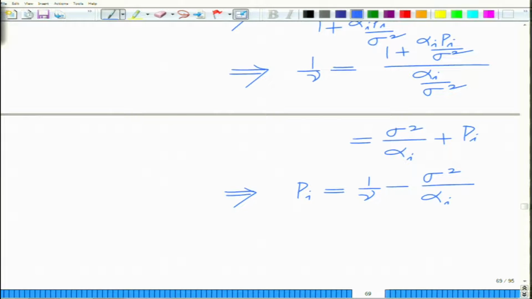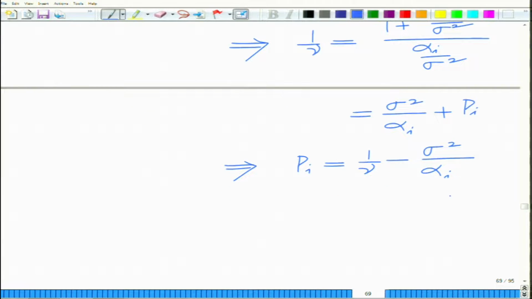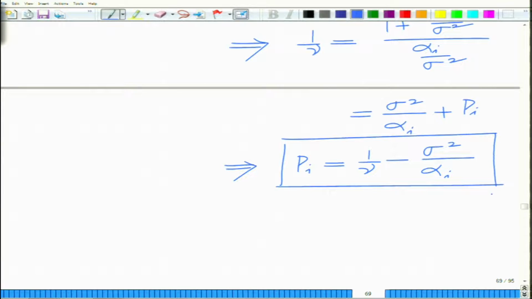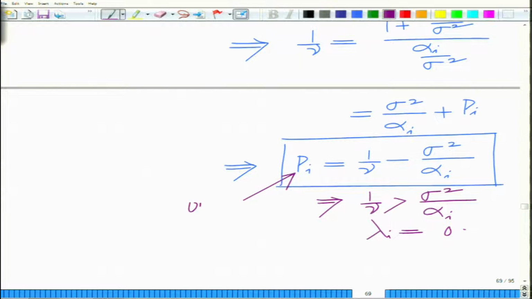This is the optimal power Pi, which is greater than 0, which also implies 1 over nu is greater than sigma square by alpha i. So Pi is 1 over nu minus sigma square by alpha i, and the corresponding lambda i is 0. This is the optimal power allocated to the ith channel.